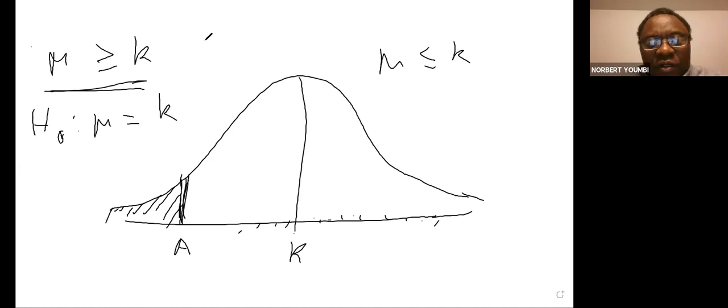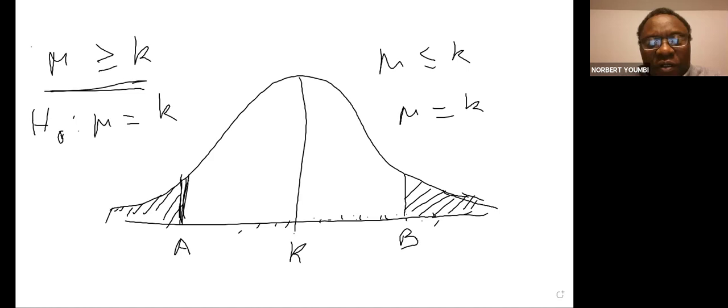But if it goes to the right side of k, we can still say it's due to a mistake until we get into a critical value, after which we will feel like the difference is too much to be due to an error, and we reject the null hypothesis. For a two-tailed test, it's generally mu equals k. And in that case, it could be less than or greater than. So we have two critical points whenever we have a two-tailed test.